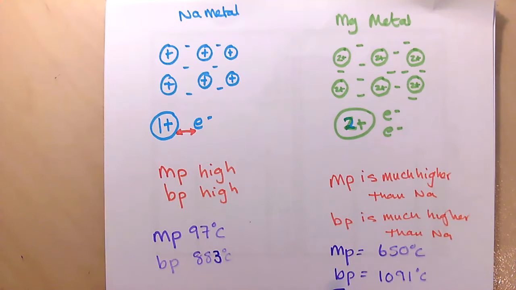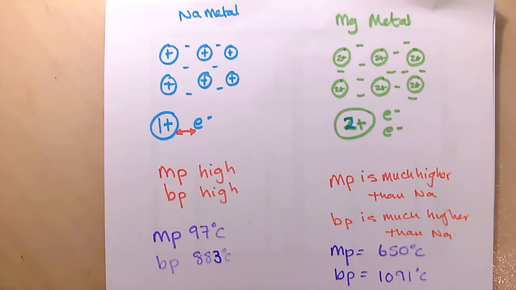But magnesium has a boiling point of 1091 degrees C, so it's a much, much stronger bond. Comparing the melting points and boiling points, we can see that an increased positive charge means the electrostatic forces are much stronger.